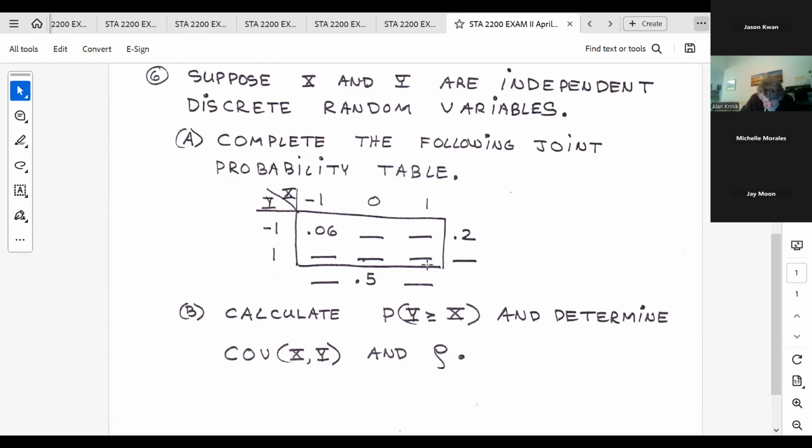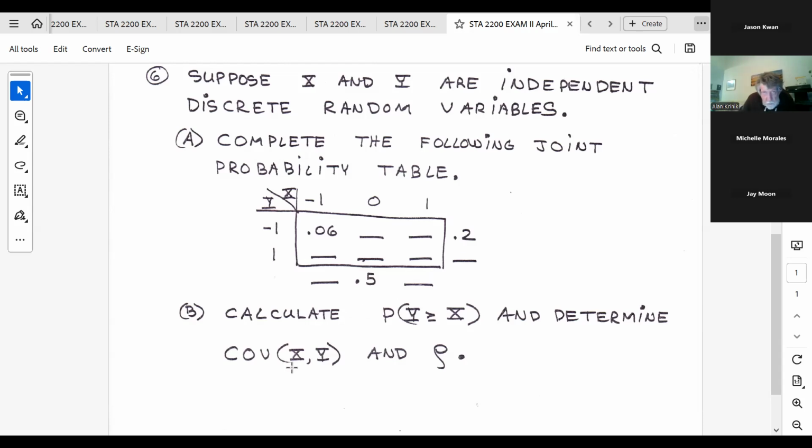And 0.5 is in the middle down below, and everything else is blank. That's part A. In part B, find the probability that Y is greater than or equal to X and determine the covariance of X and Y and rho. Okay.